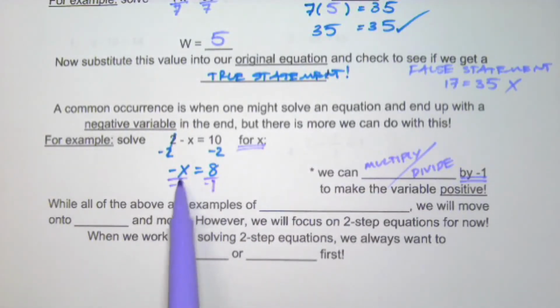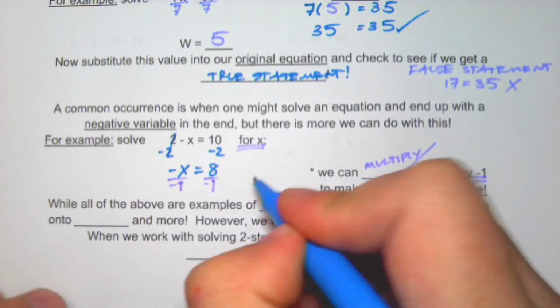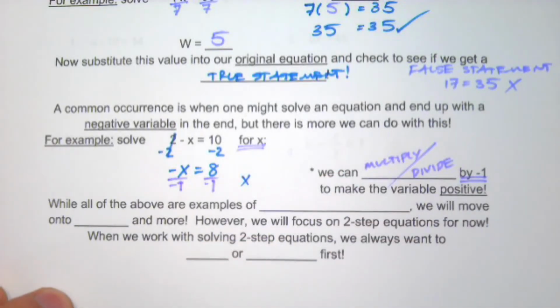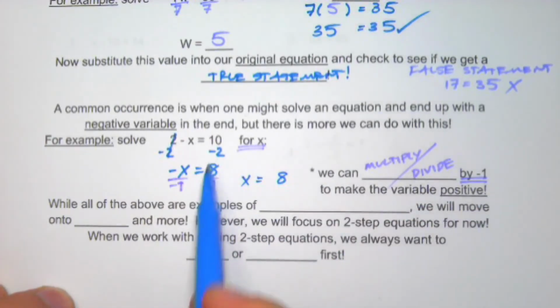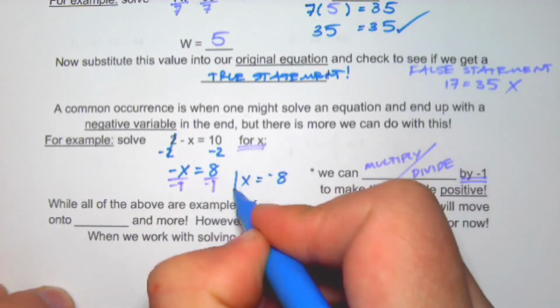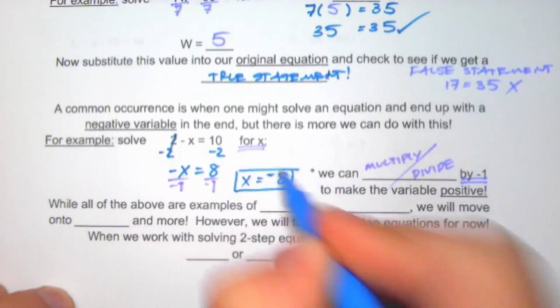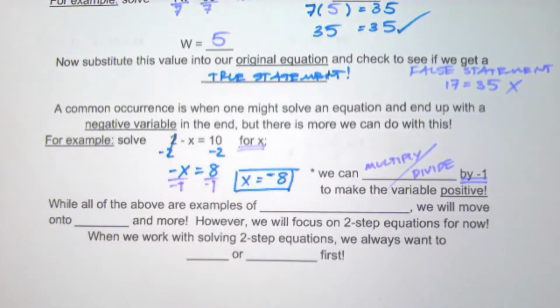Well, x divided by 1, that's still x. Negative divided by negative is now positive x. And then 8 divided by 1 stays 8, but positive divided by negative, now that negative will move to the other side. So whenever we find ourselves with a negative still stuck on to the variable, we can either multiply or divide both sides by that -1 to get our final answer.